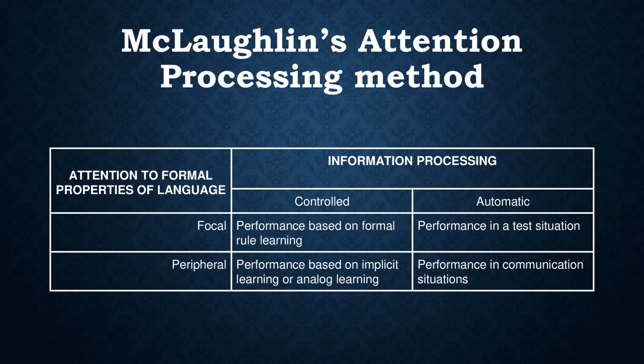Now in the peripheral attention, we have the peripheral and controlled information processing, the performance based on implicit learning or analog learning. We have as examples simple greetings, the later stages of memorizing a dialogue, a natural approach, or when the new L2 learner successfully completes a brief conversation.